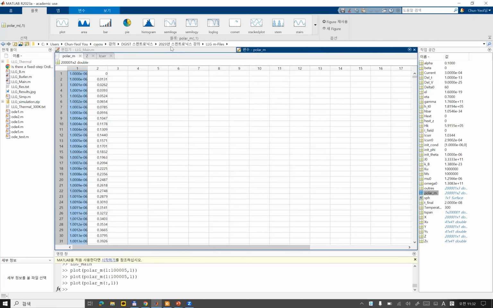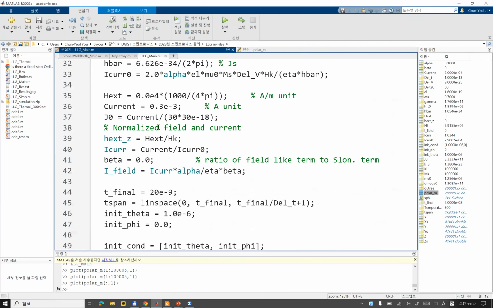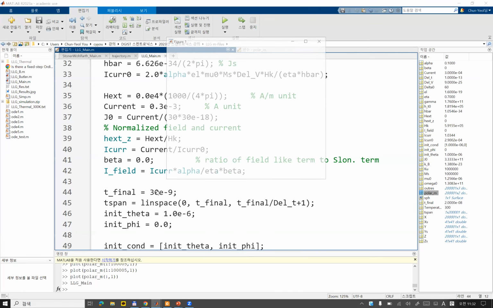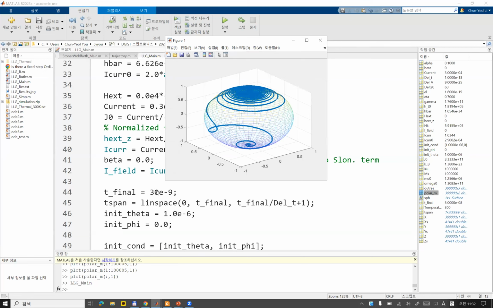So let's increase the time a little bit more, to 30 nanoseconds. Okay. Now we got a switching.